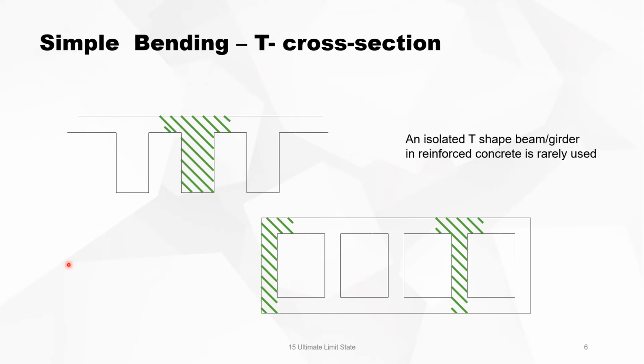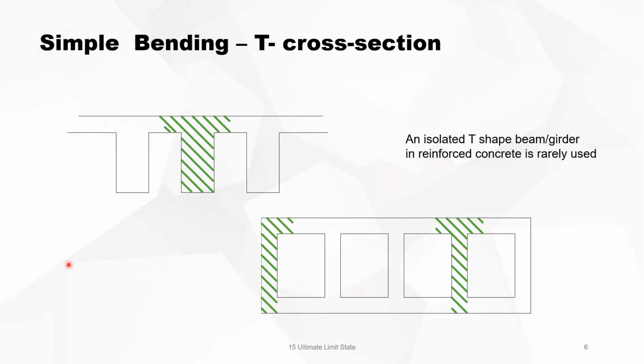Now, a T-section on its own, when it's isolated, is rarely used in reinforced concrete. In pre-stressed concrete, yes, but in reinforced concrete, when you pour the concrete with shuttering on the side, the T-shape is a little bit difficult.